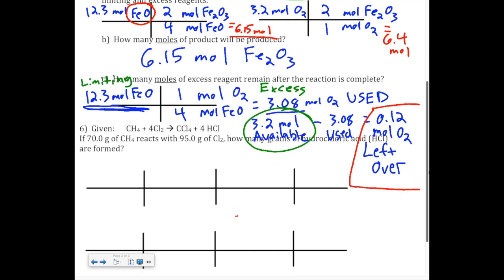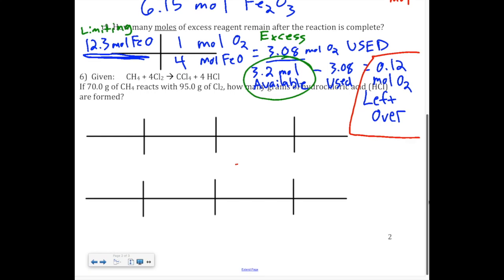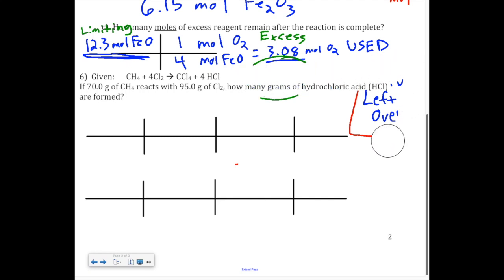Okay. Now I'm going to scroll down and do this limiting reactant problem down here, and I'm going to erase this junk. It asks me if 70 grams of CH4 reacts with 95 grams of Cl2, how many grams of hydrochloric acid are formed?